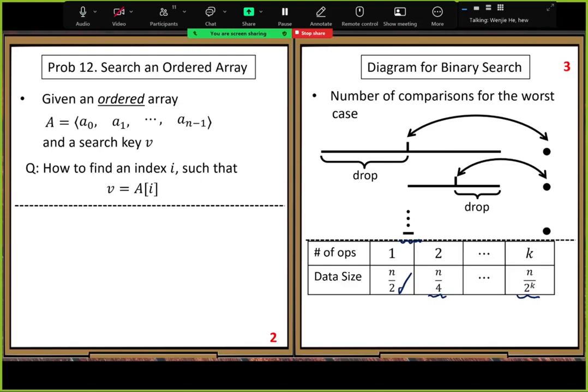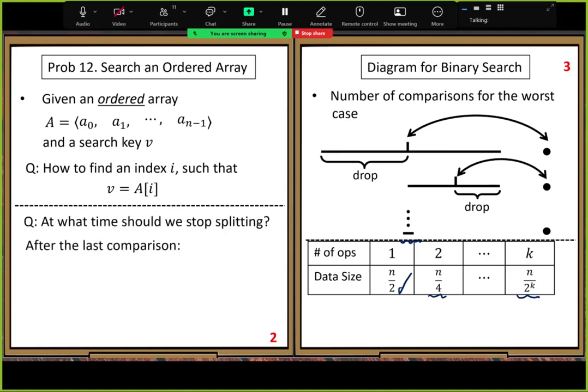After you have the last split, you have a condition that tells you no further split is needed. Let's look at that condition. After the last comparison, you know the data size, right?